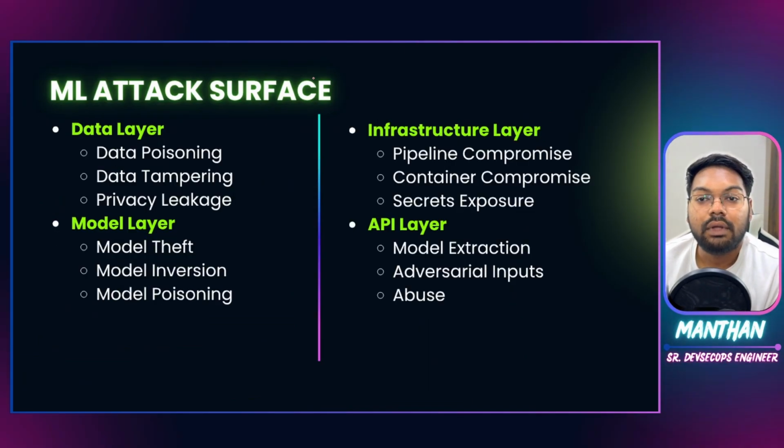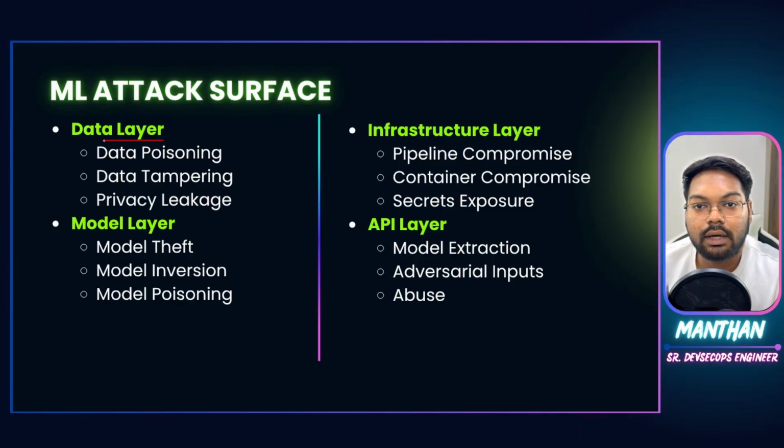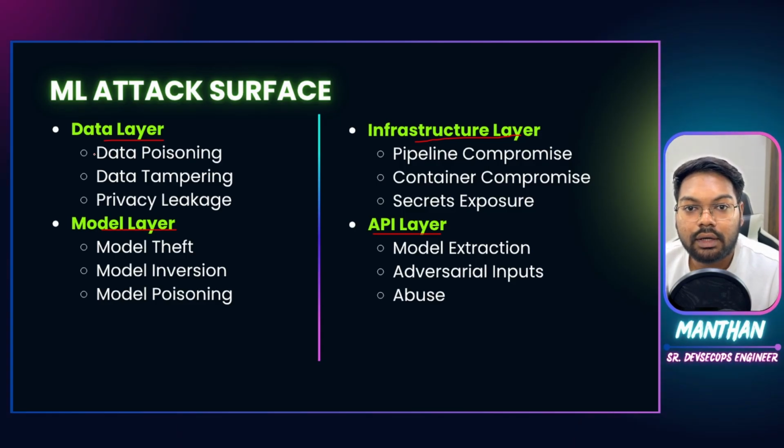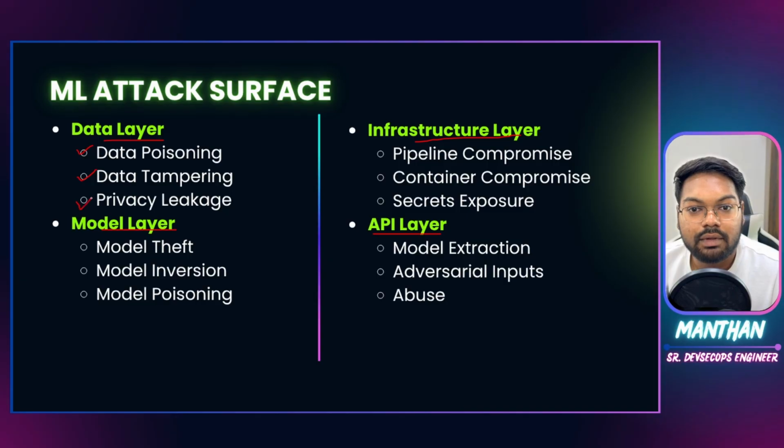So we can differentiate all of these into different layers, wherein first of all we will talk about the data layer, then the model layer, infrastructure layer, and API layer. So what type of attacks could be possible on these different layers? Data poisoning is one, data tampering is another, privacy leakage is again one when we talk about data.